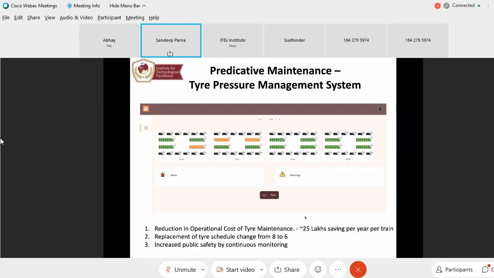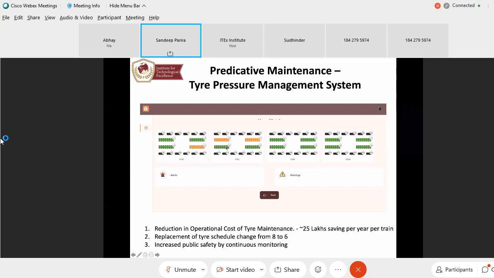As you know, the monorail runs on tires. If you can see here, there are two kinds of tires: the guide wheel and the load wheel, right? The bigger one is the load wheel, and these are the guide wheels.